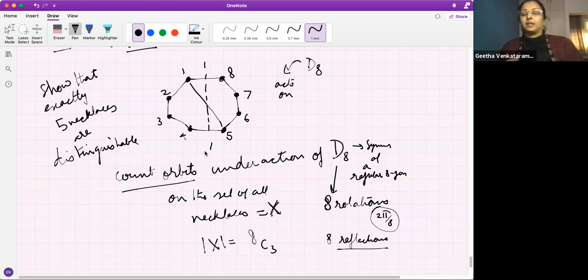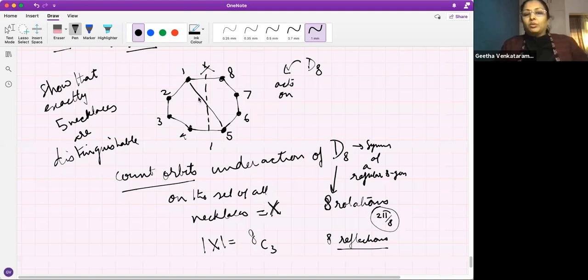When you flip about any of these lines, you're obviously not going to fix the necklace, because the black beads which were 2 on one side will go on the other side. The new one will have 2 on the right and 1 on the left, whereas you started out with 2 on the left and 1 on the right. So none of these will contribute.